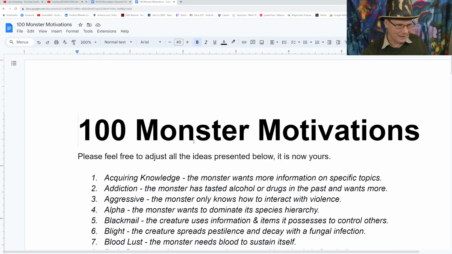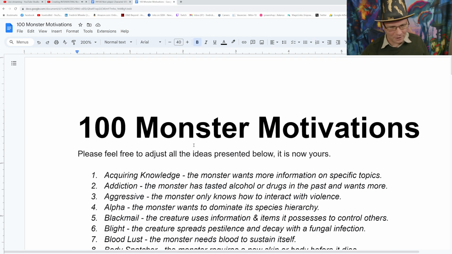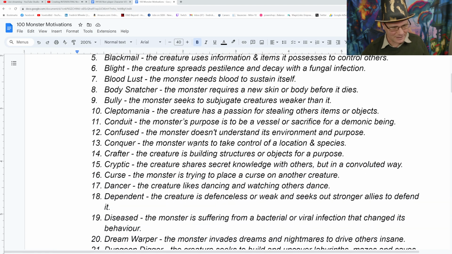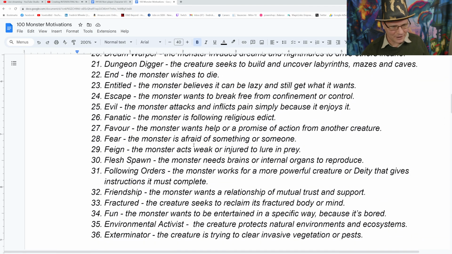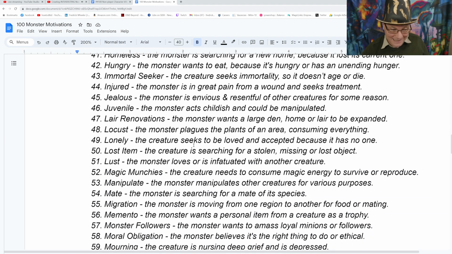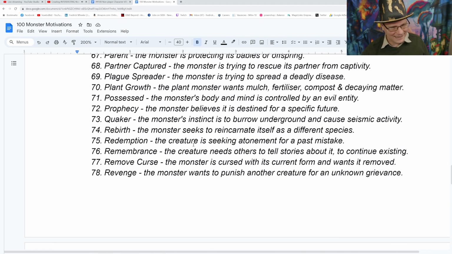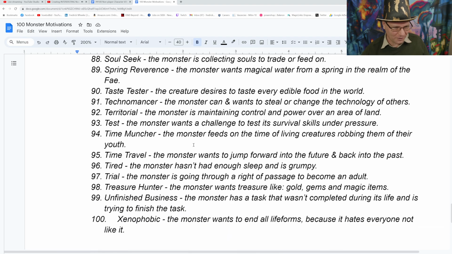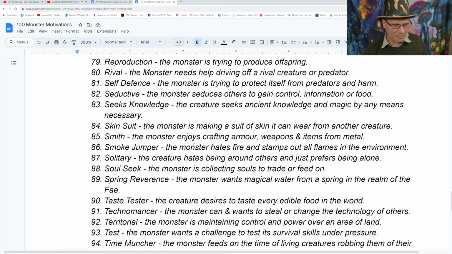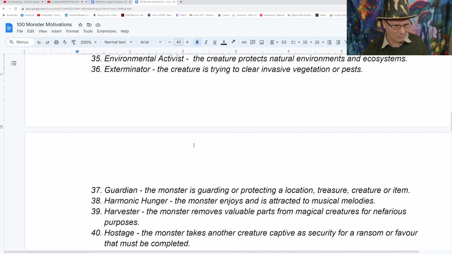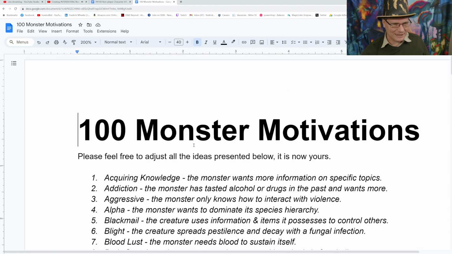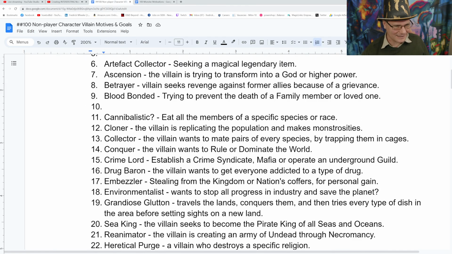Can I just point out that many of our 100 monster motivations would be perfectly adequate as a villain motivation as well. And as you can see, we made 100 monster motivations. I'm not really worried about villain motivations. I'm just letting the guys chuck stuff in there and plunking it down and then putting it into order, because we got it under control. It's a done deal. It's just about organizing things now.